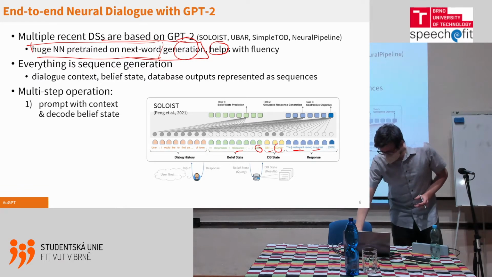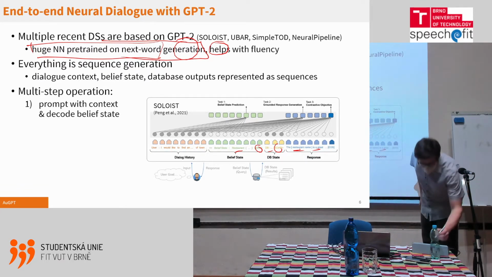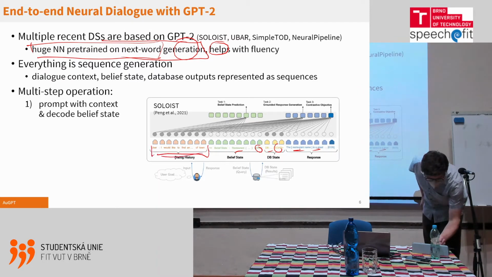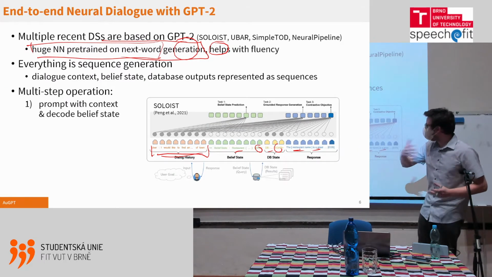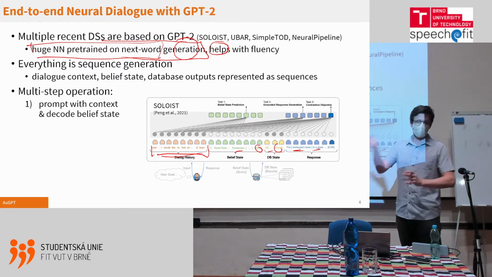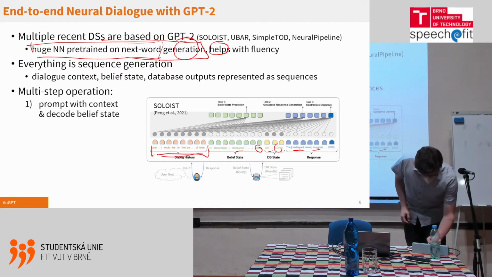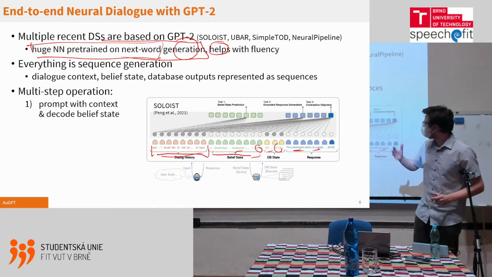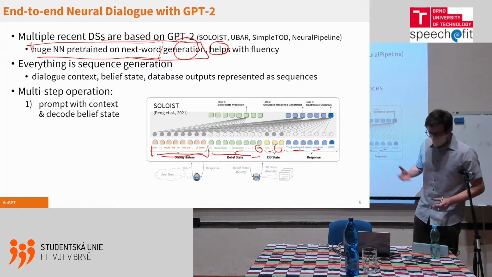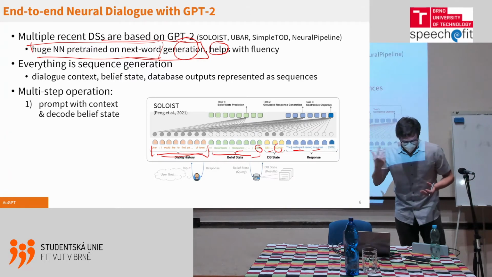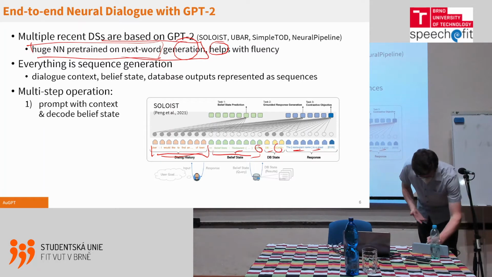And the way this works is multiple passes through the network, or multiple steps of operation. First you feed the network with some kind of a context: the history of the dialogue, basically what the user is saying or what the user was saying a couple of sentences ago. And you first decode the belief state, the representation of the user preferences, you know, the area or price range of the restaurant, for example.